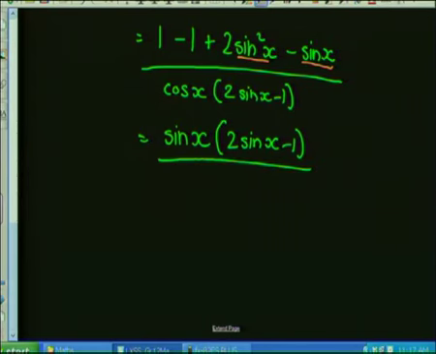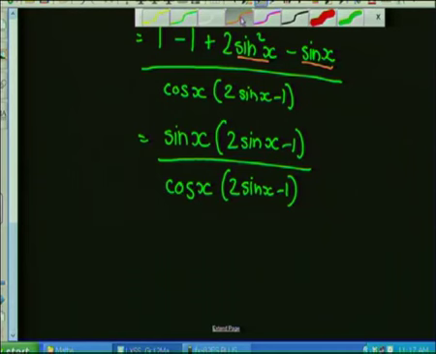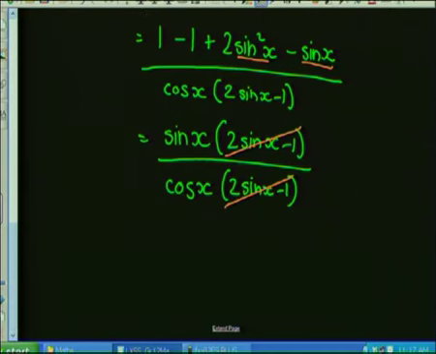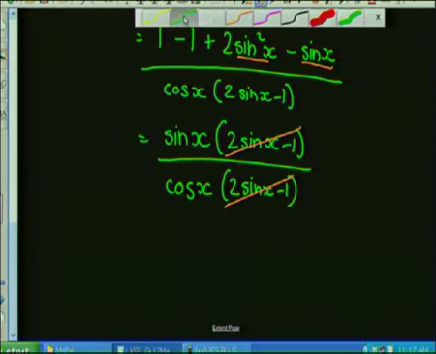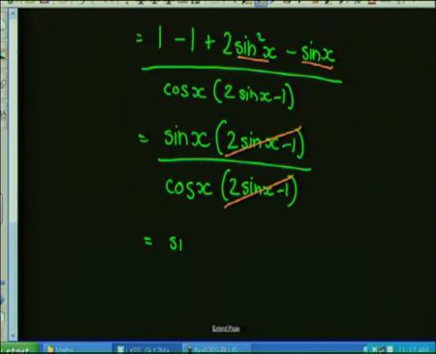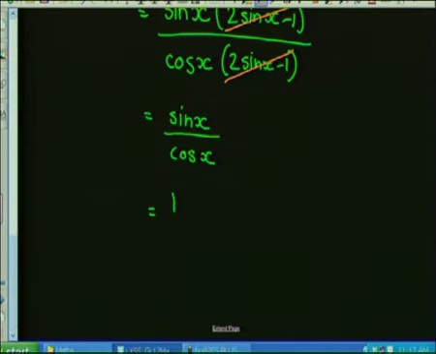And at the bottom, we have our cos x times 2 sine x minus 1. Because we have one term over one term, we are allowed to cross cancel, and this is where it gets fun. We can cross cancel, and we are now left with sine x over cos x, which we know is equal to tan x.